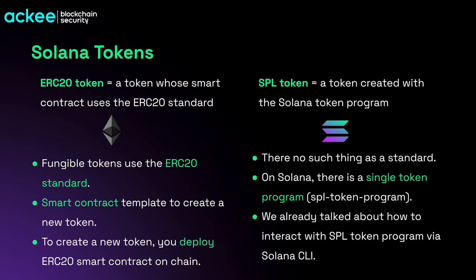There is no such thing as a standard. On Solana, there is a single token program that is already pre-deployed for us, and we already talked about how we can interact with SPL tokens via Solana CLI, but we can obviously interact with that program in any other way that we want to.